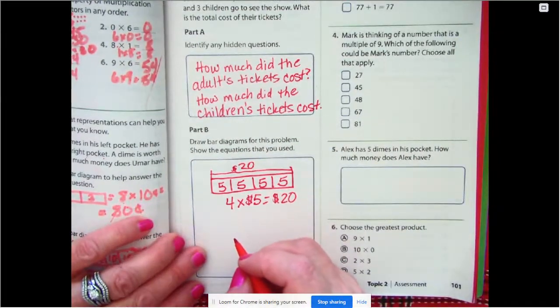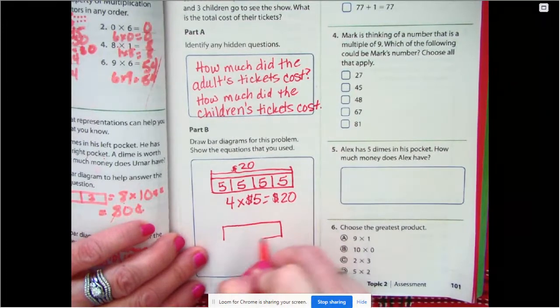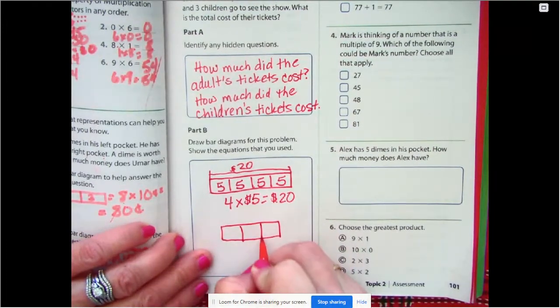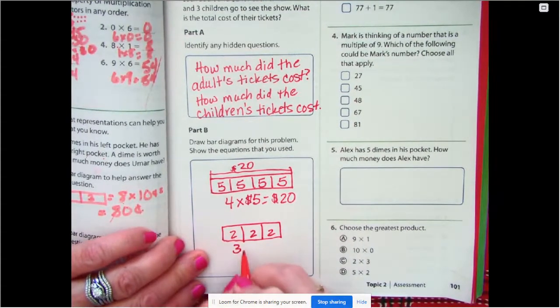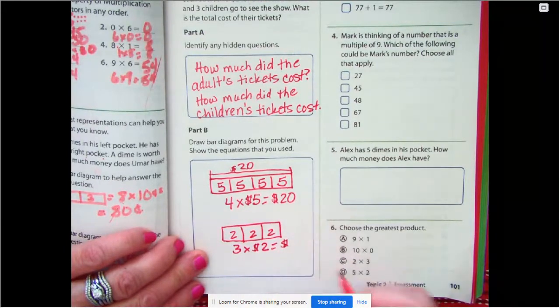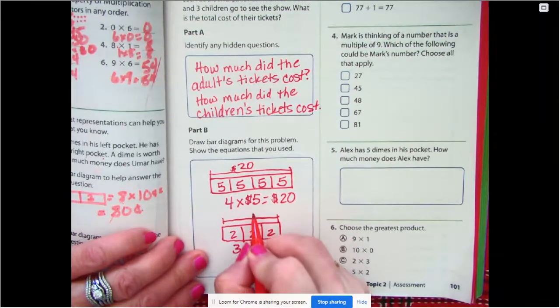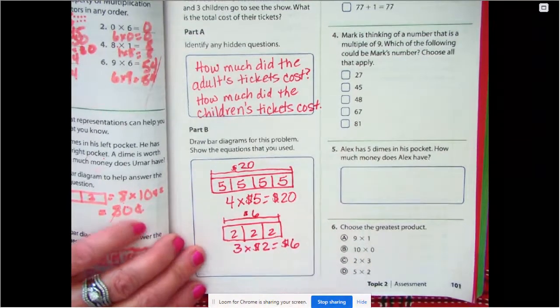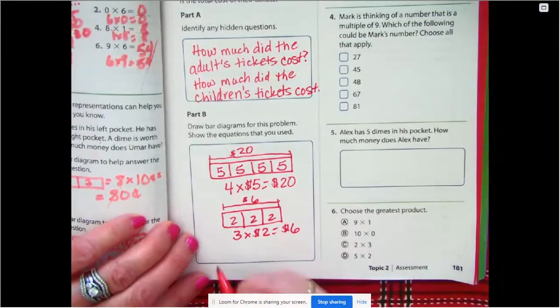Then it says $2 for each child, and we have 3 children going. $2, $2, $2. So we have 3 groups of $2, which will equal $6. Now we have to figure out how much money that's going to cost in all.